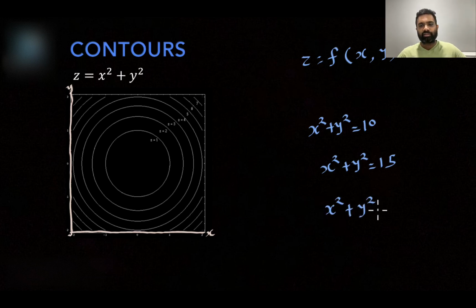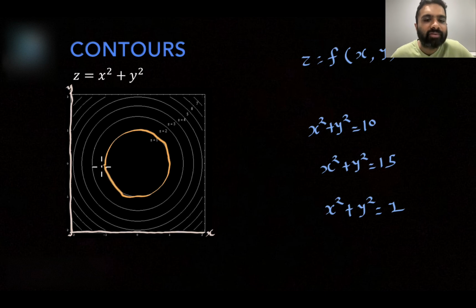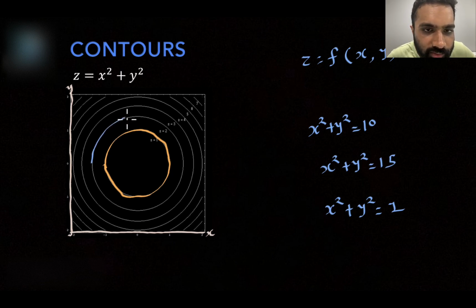This gives certain points, and this particular circle I will indicate using the orange color. So all the orange points have x square plus y square equal to 1, and will have the same function value, which is 1 in this case. Now I draw another circle, indicated using the blue color, which is x square plus y square equal to 2.